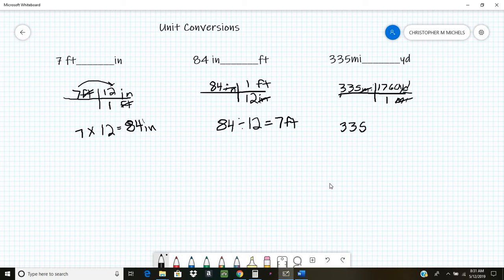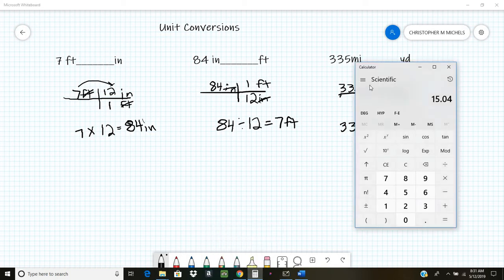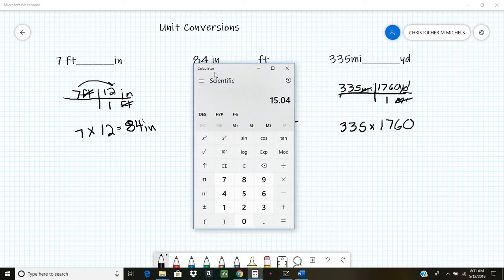If that's what you guessed, congratulations, you got the process down and have earned my respect. So now we take 335 and times that by 1,760, and we get a really big number. We get 589,600. It should be a lot of yards.